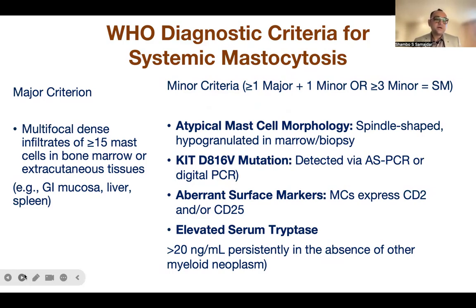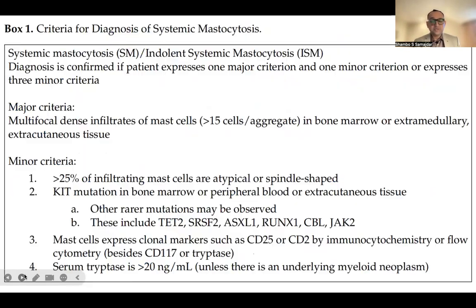The major criterion is a multifocal dense infiltrate of 15 or more mast cells in bone marrow or any extracutaneous tissue, for example GI mucosa, liver, spleen, etc. And the minor criteria: atypical mast cell morphology, KIT D816V mutation, aberrant surface markers, especially CD2 and CD25, and elevated serum tryptase level of more than 20 nanograms per ml, persistently, in the absence of any other myeloid neoplasm.